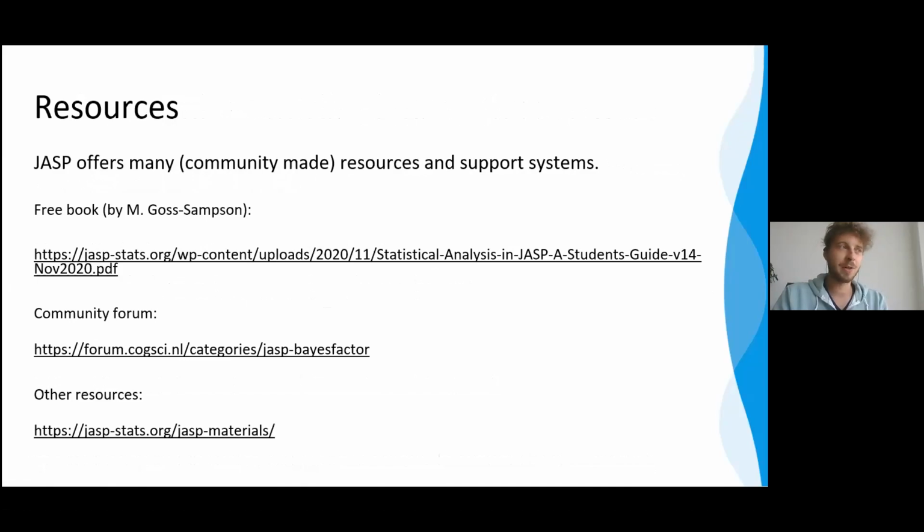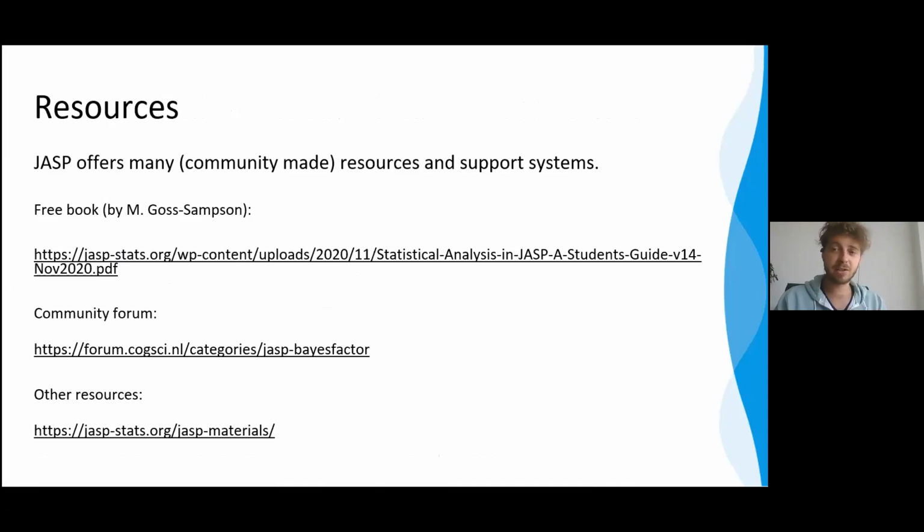Lastly, what I wanted to say is that there are many resources for JASP if you want to get to know the ins and outs of it. There's a free book about JASP that you can find on the JASP website. It's by Mark Go-Simpson. And he has compiled a whole student guide about how to use JASP, with examples with data sets.